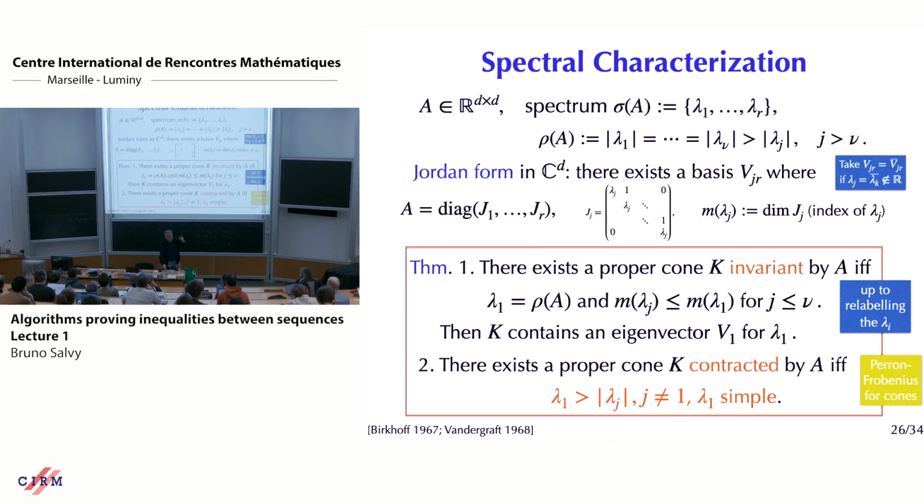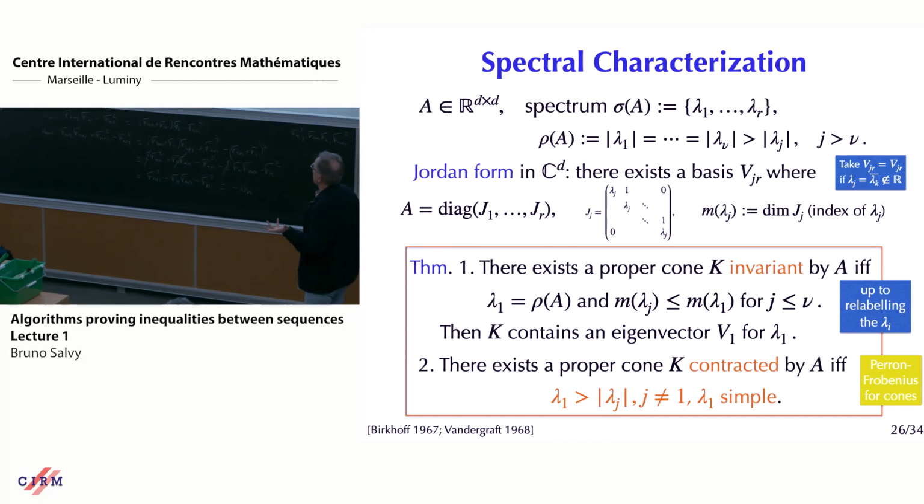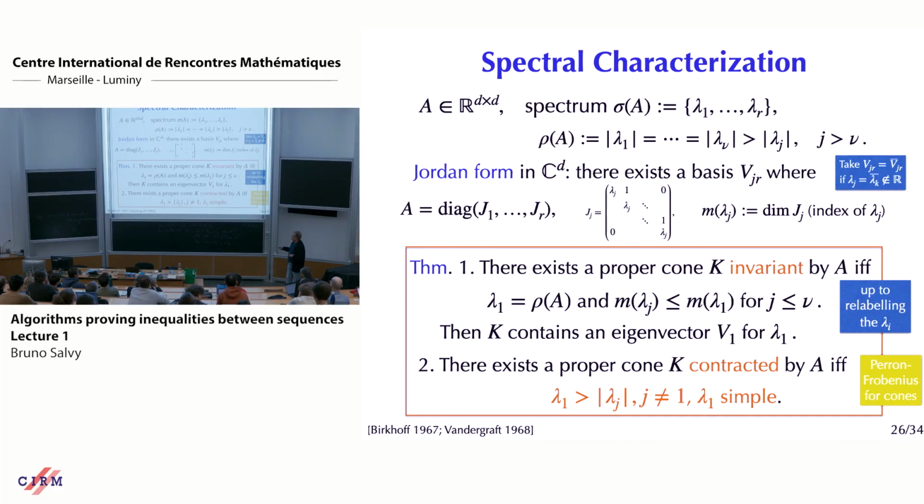The cone R plus to the D. If you have a matrix with non-negative entries, then clearly when you give it a vector with non-negative coordinates, the result has non-negative coordinates. So this cone is invariant by that non-negative matrix. And then that's Perron Frobenius. The cone contains a vector with non-negative coordinates.